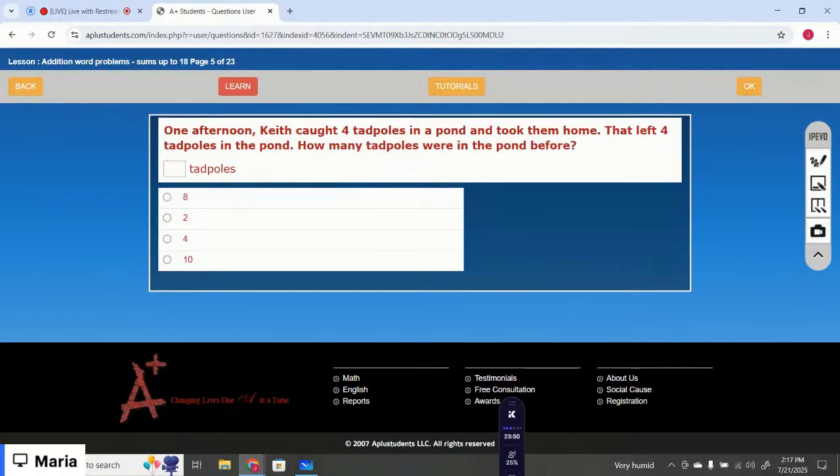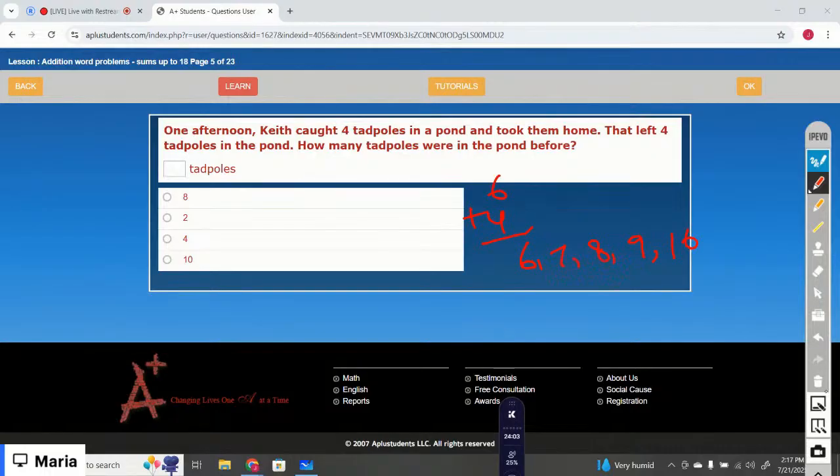One afternoon, Keith caught 4 tadpoles in a pond and took them home. They left 4 tadpoles in the pond. How many tadpoles were in the pond before? 4 plus 4 makes.